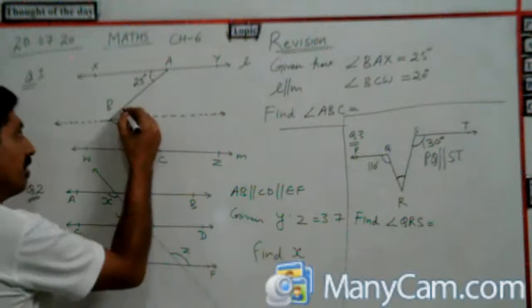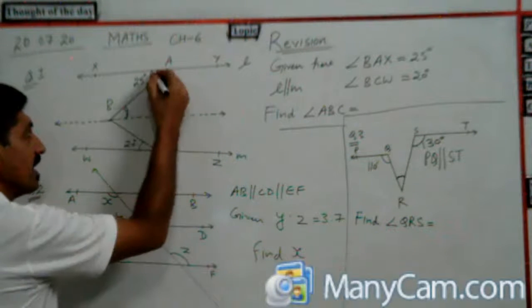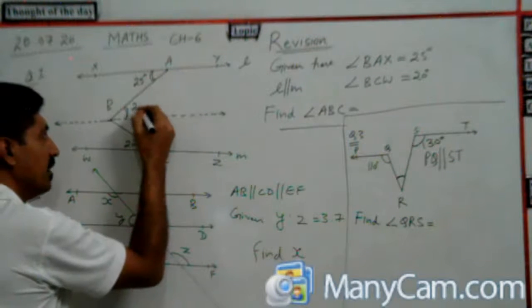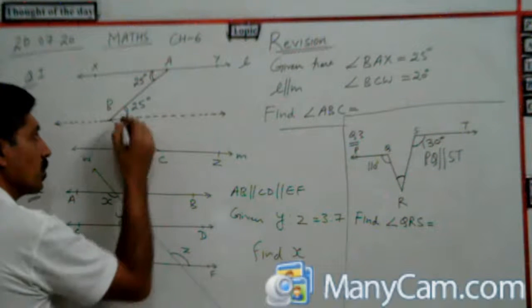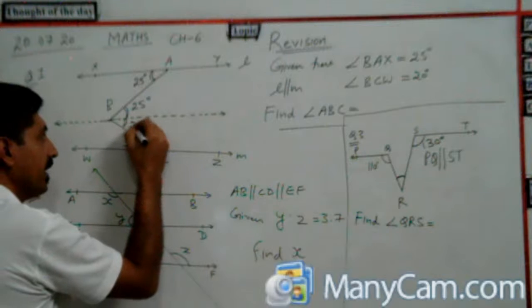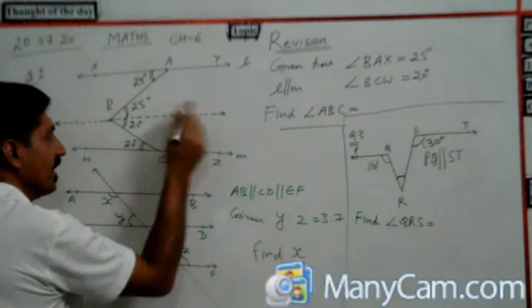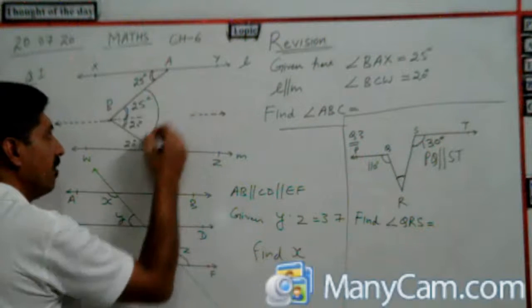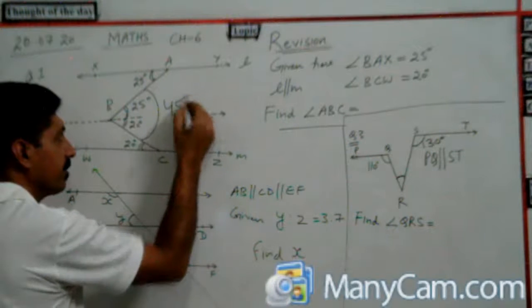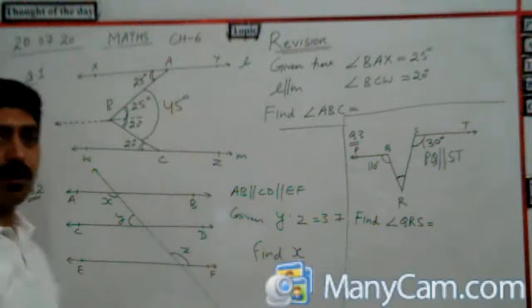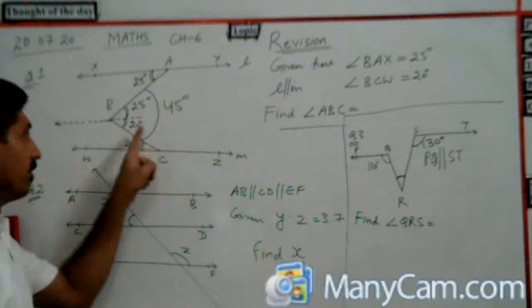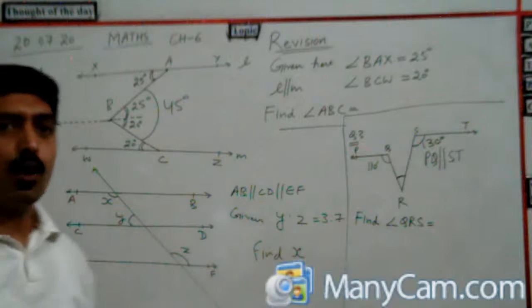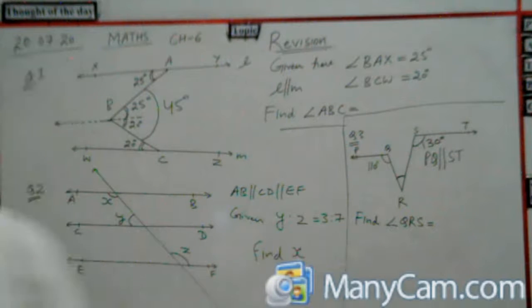This angle is 25, so this angle will be 25 degrees. Same, this angle is 20, so this angle will be 20. So our answer is that this angle will be 45 degrees. What is the logic here? These 25 and 25, 20 and 20 are alternate angles.